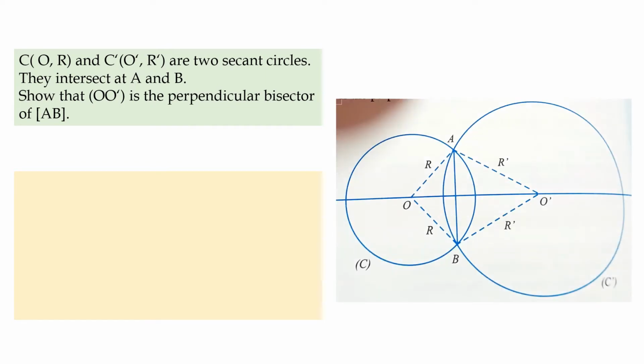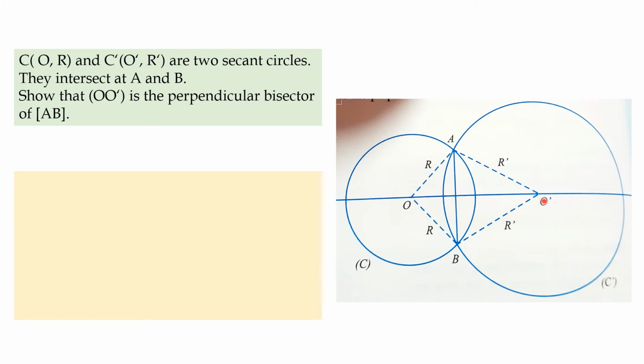Now, given a circle C of center O and radius R, this is the circle C, center O and radius R. Here radius OA or OB. And another circle C prime of center O prime and radius R prime. The bigger circle here is C prime.